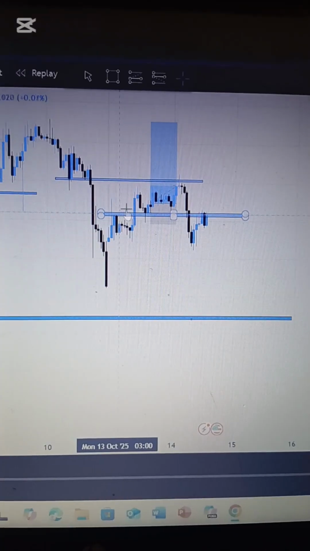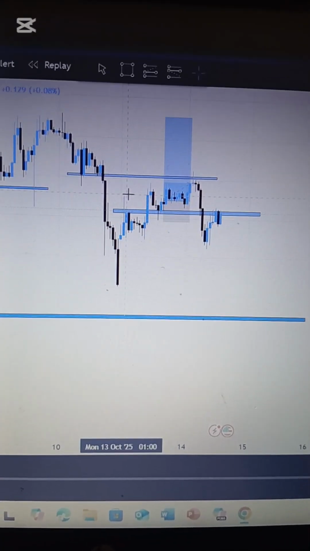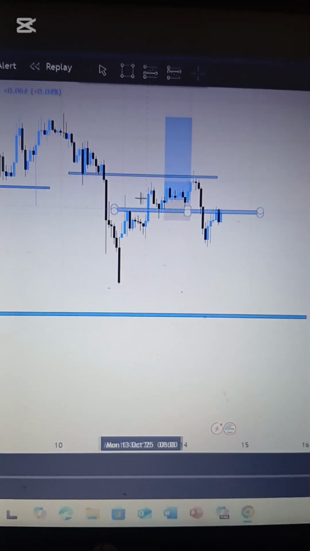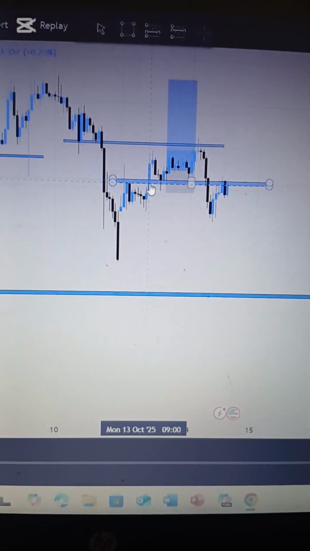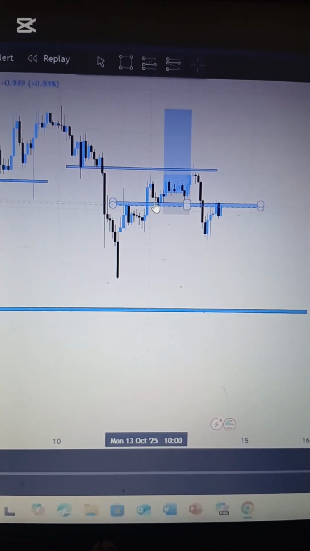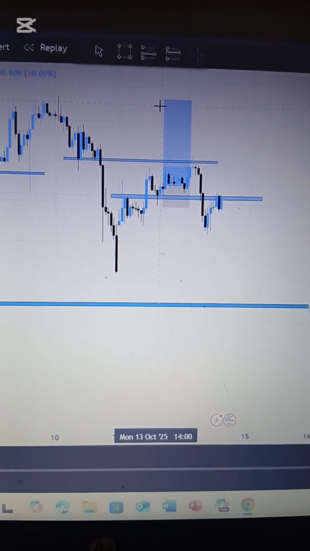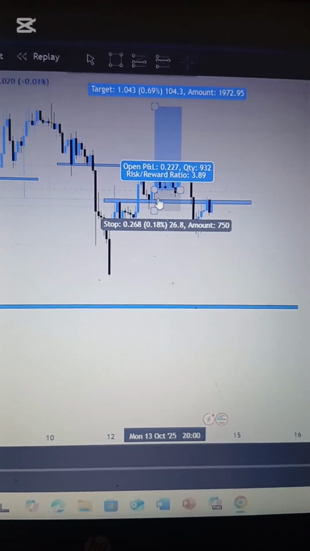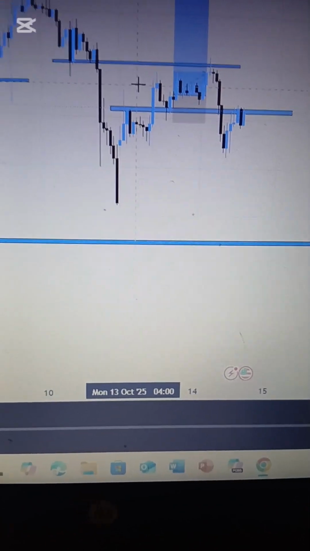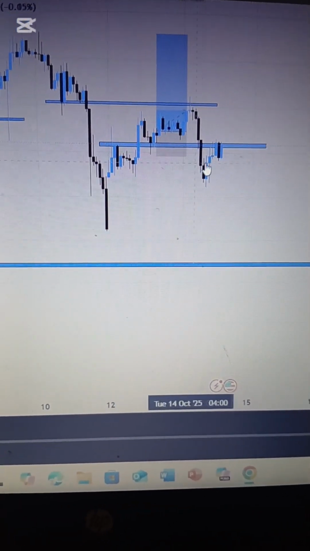I didn't force this trade, but I overlooked this area. This was a perfect setup for how I trade. I took the trade here, put my TP at the top and my stop below the swing low of the current trend or rejection, and then I got stopped out.